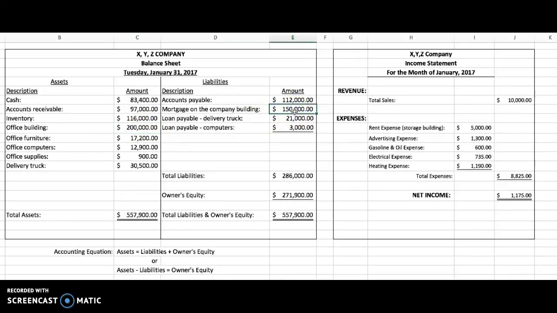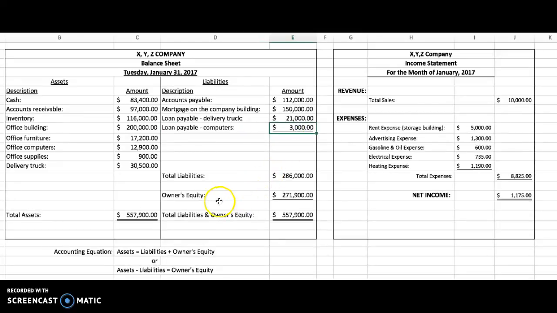So in theory, if we sold it, we'd end up with a net of $50,000. Obviously, we're not going to do that. We owe money on the delivery truck. Delivery truck on the left is an asset valued at $30,500, and we have a loan on that delivery truck, and we still owe $21,000. Same way with the computers. We owe some money, $3,000 on the computers.